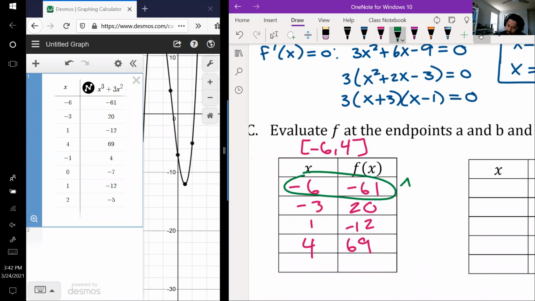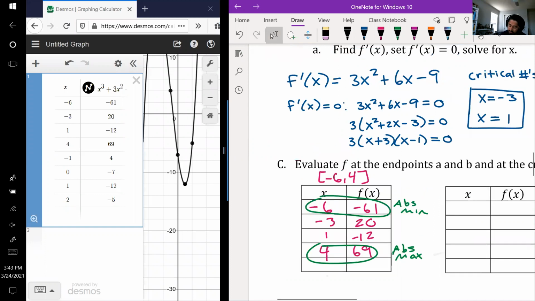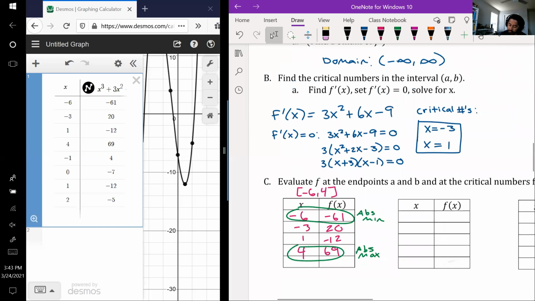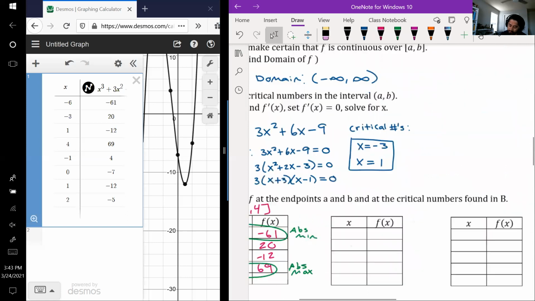This would be considered absolute minimum. And which is the absolute largest? 69. That's our absolute max. Okay. Any questions on that process? Nope. Now we have two more intervals, -4, 2.